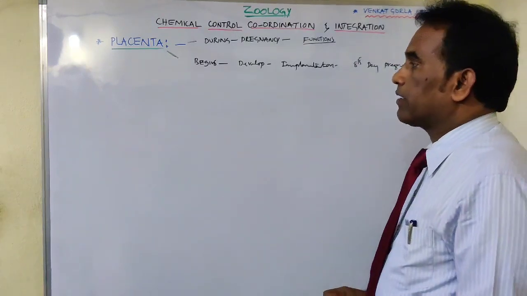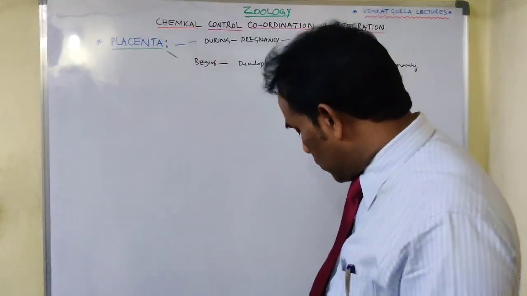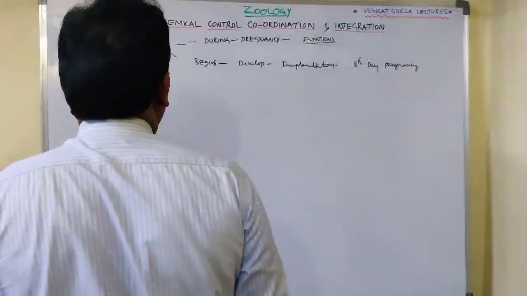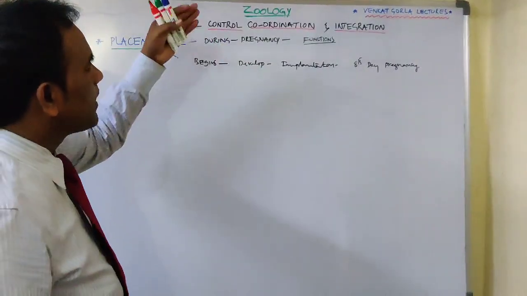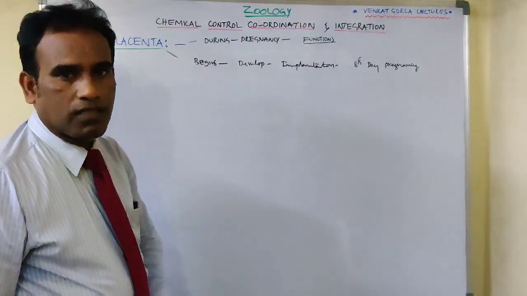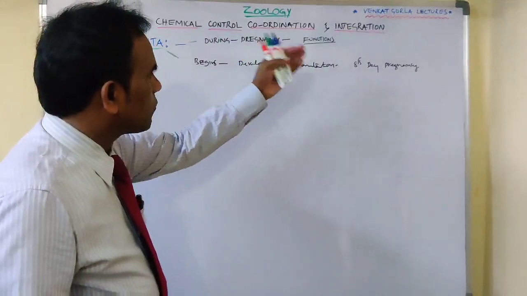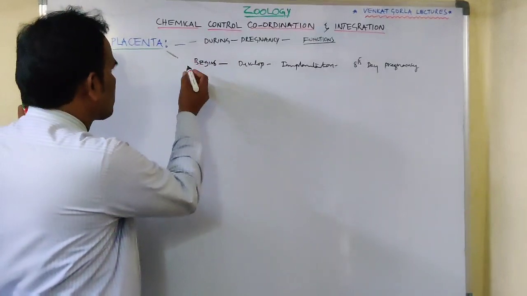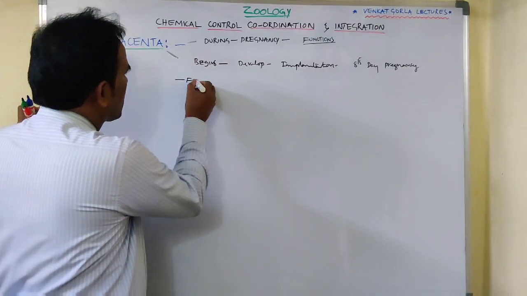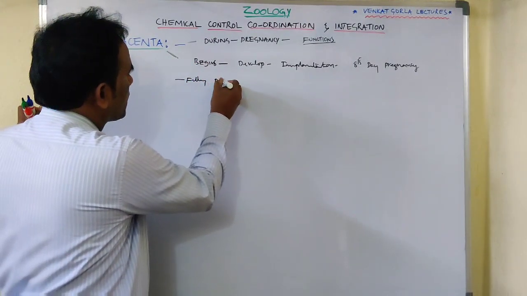Implantation means transfer of the zygote from the fallopian tube to the wall of the uterus. That takes place on the 8th day of conceiving, and from that day onwards the placenta starts to develop.